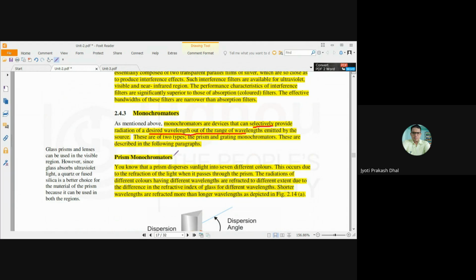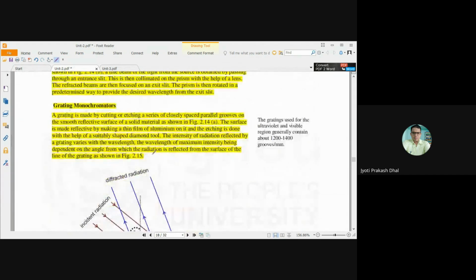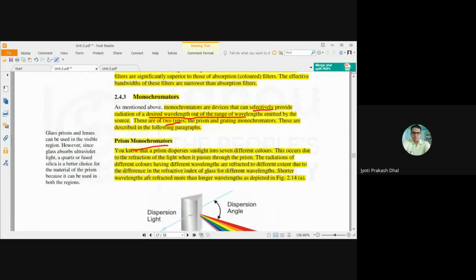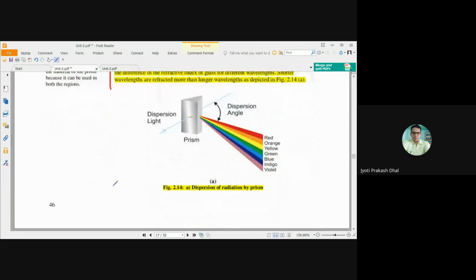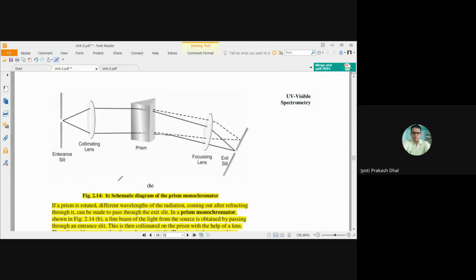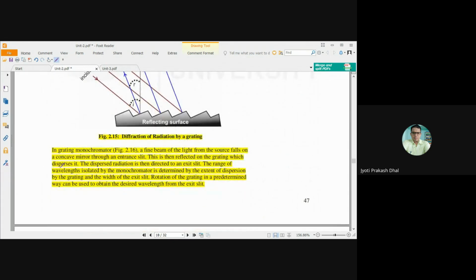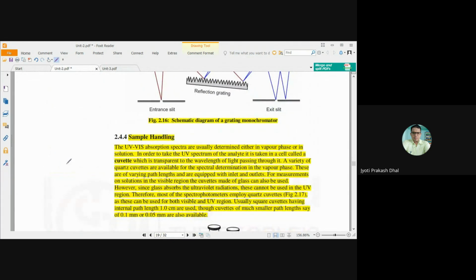The monochromators are of two types: the first one is prism monochromator, and the second one is grating monochromator. These are the diagrams and mechanism showing how the prism monochromator changes polychromatic light into monochromatic light, and this is the grating monochromator that changes polychromatic into monochromatic light.